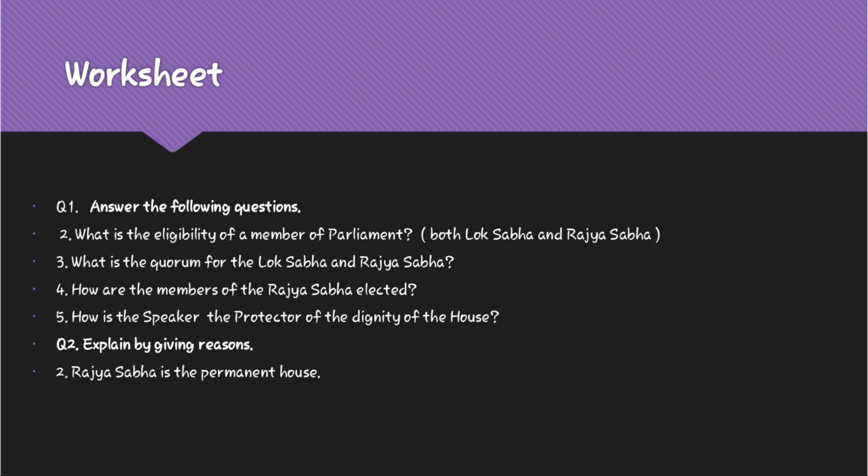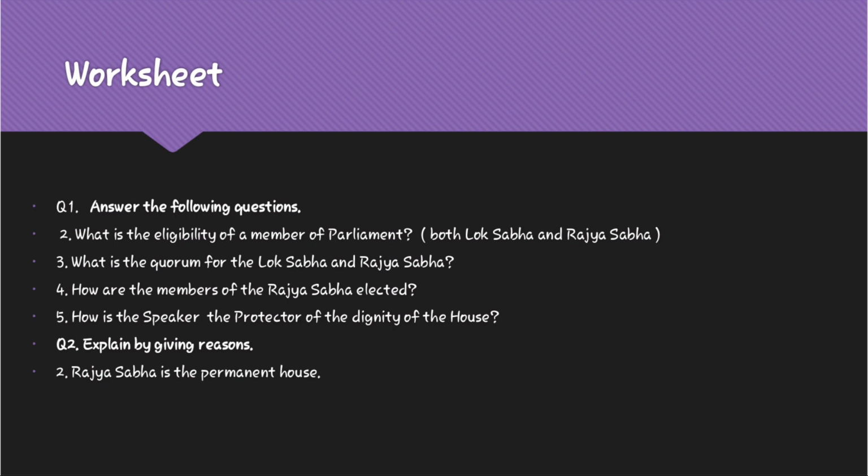Moving to question number 4, how are the members of Rajya Sabha elected? For that, please come to page number 74, under the heading Rajya Sabha, line number 2.